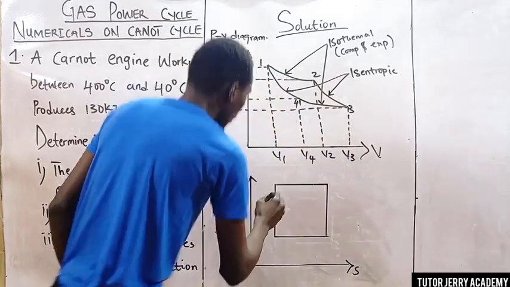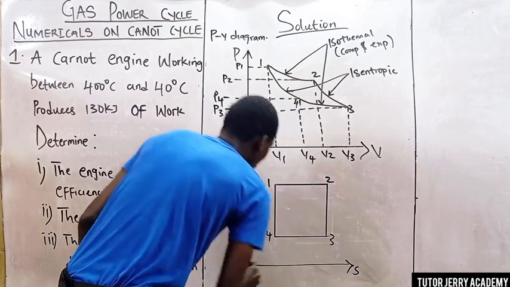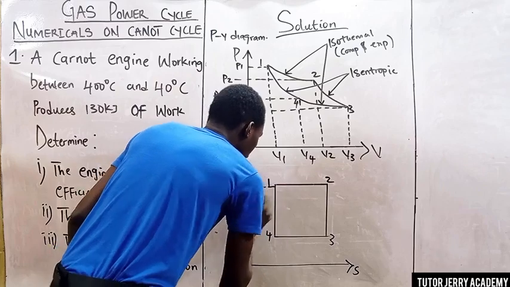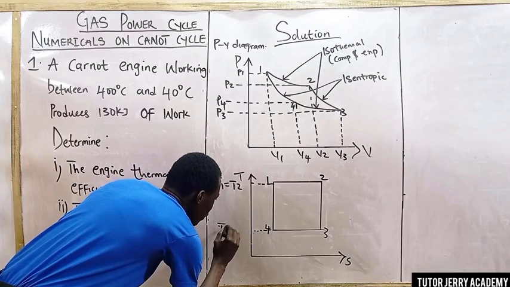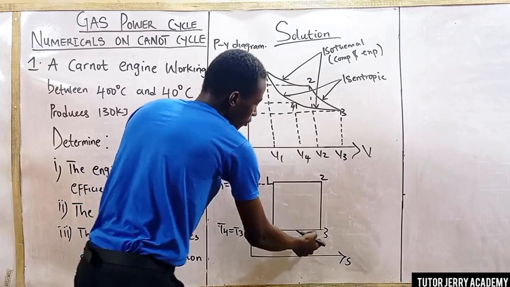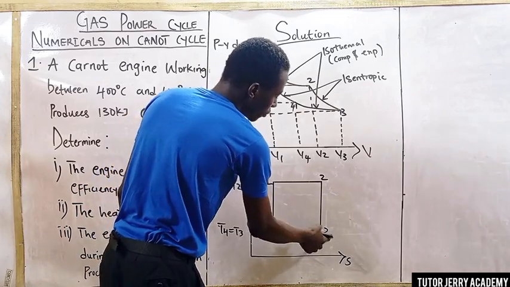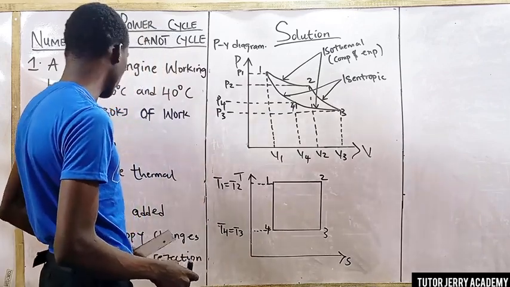So of course, this should be 1, 2, 3, and 4. So I can trace it down. I'm going to have a temperature here, but of course we have T4 equal to T3. You can see that the temperature along stage 3 to 4 is constant. This is what we have.